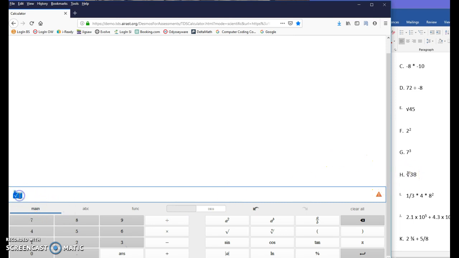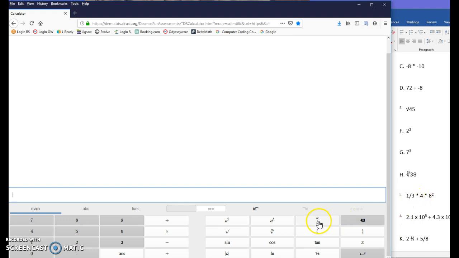And then I need to click so that I'm typing a number underneath. 38 tells me the cube root of 38 is 3.3619, and it goes on from there. So if you want to take the square root of a number, you can just use this root sign. If you want to take a cube root of a number, you have to use this root n, and you have to actually type in the number 3.